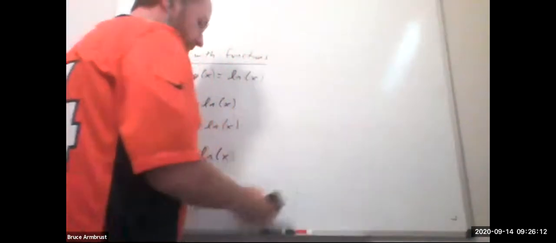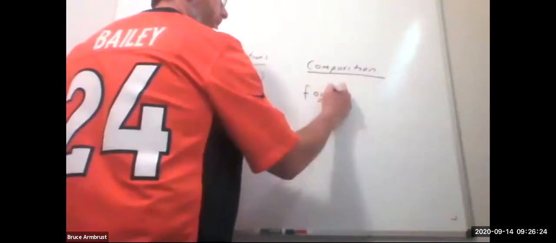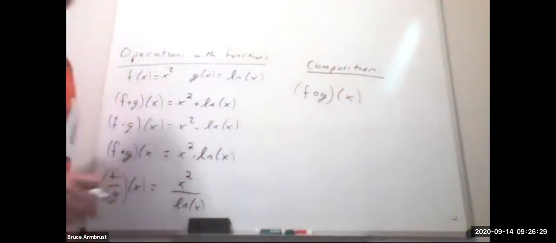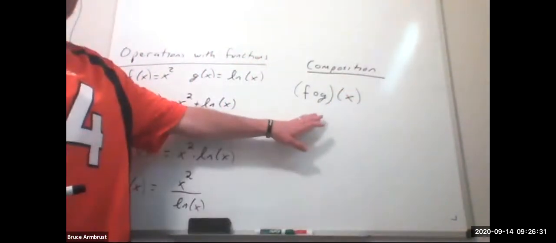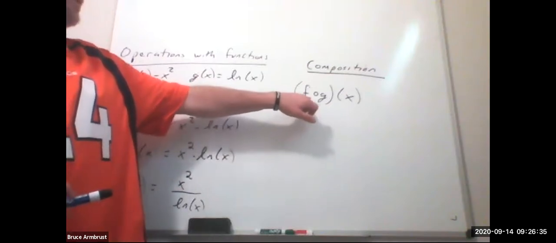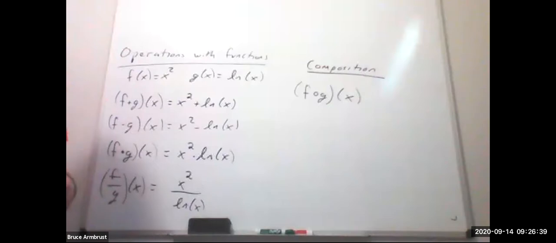Okay, so there are the 4 basic operations, but there's one more. And this one is unique to functions, and it's composition. And this is the one that you'll see written in 2 different ways. One is with what I call fog notation. Right, so this is, it's not an O, but it's just an open circle.